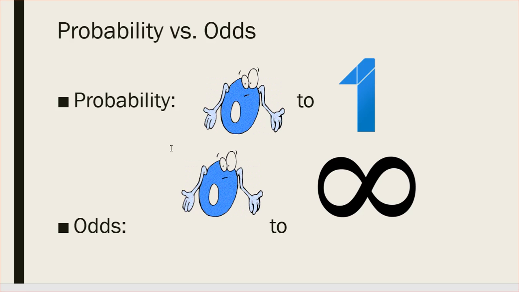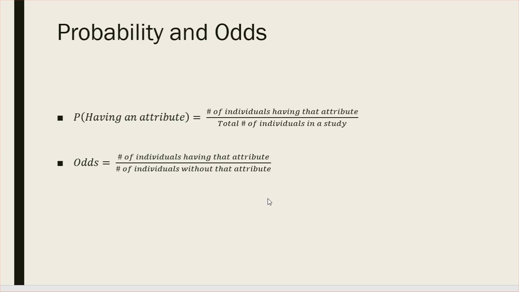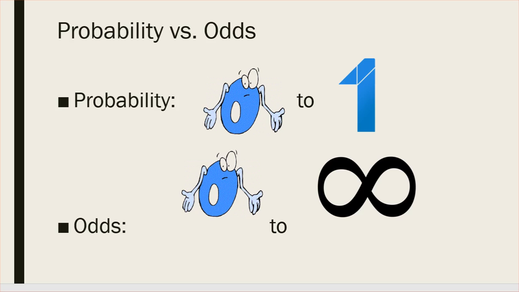Because if you recall from the formula, the odds are the number of people having that attribute divided by the number of people without the attribute. So because of that, the formula for the odds can range from anywhere from 0 to infinity.